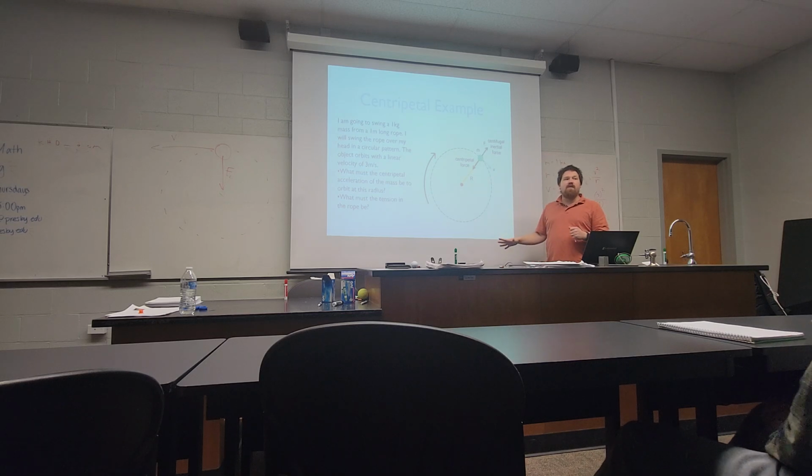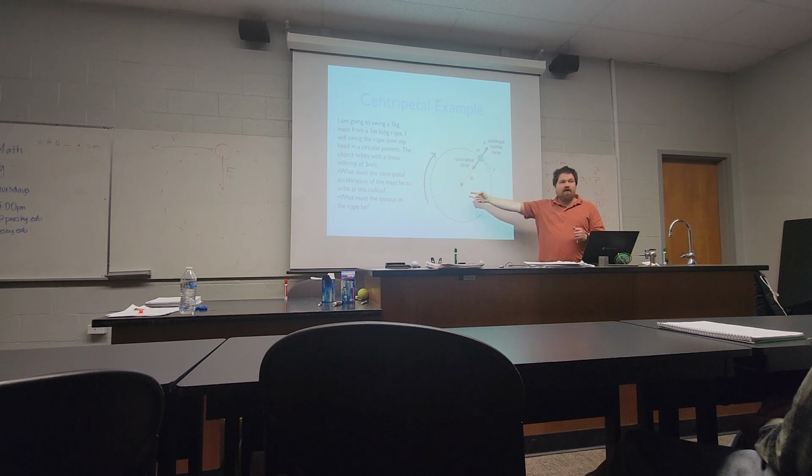And in this particular scenario, the force playing the role of centripetal force is the tension in this string, because the string is what is keeping the mass 1 meter away from our hand. The force within the string is what is keeping the mass at this distance from us. So the tension in the string is playing the role of centripetal force.